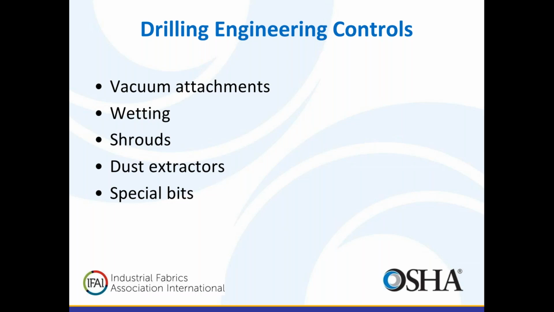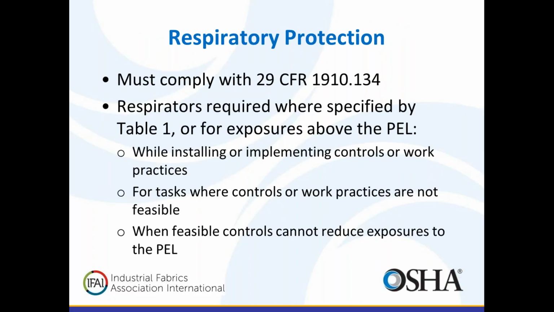There are shrouds that go around the drill bit. There's some dust extraction equipment that you can use, and they make special bits so that you can keep the silica dust to a minimum. If you're interested in these things, just get on your favorite website of your tool manufacturer and see what they have that can help you out.